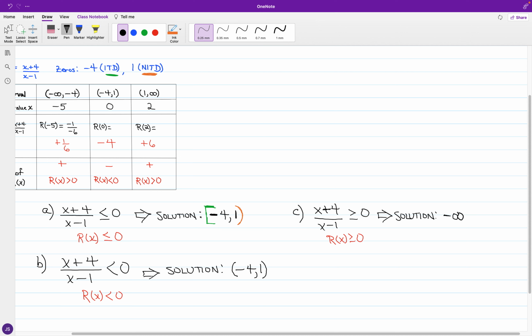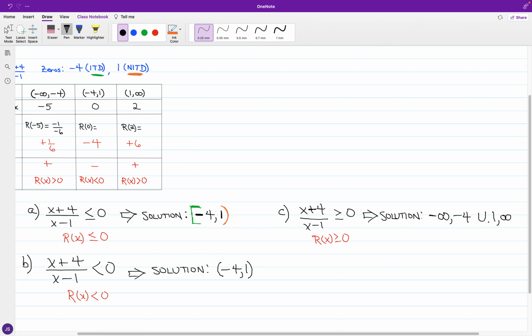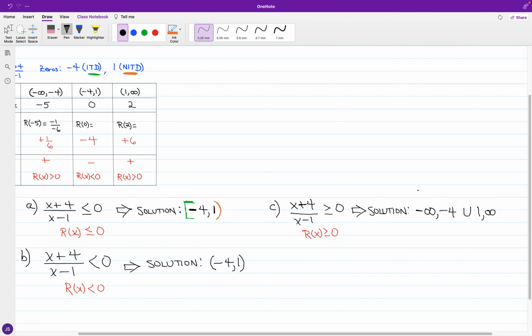-infinity and -4, along with 1 and infinity. And for the enclosures, again, infinities are boundless, so we have the use of parentheses.